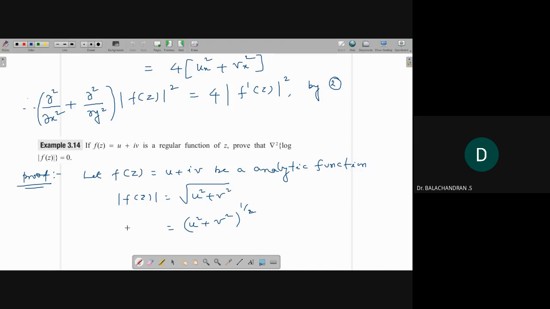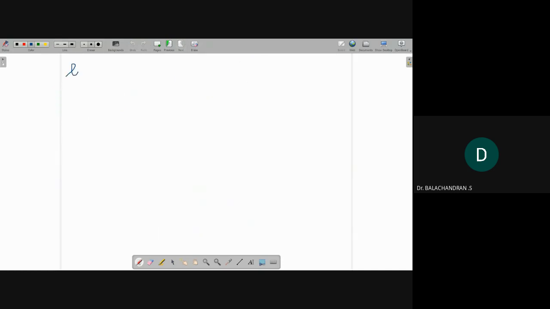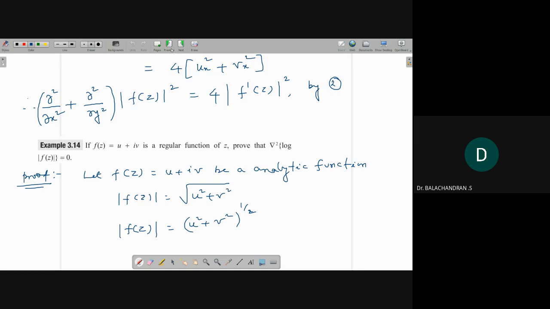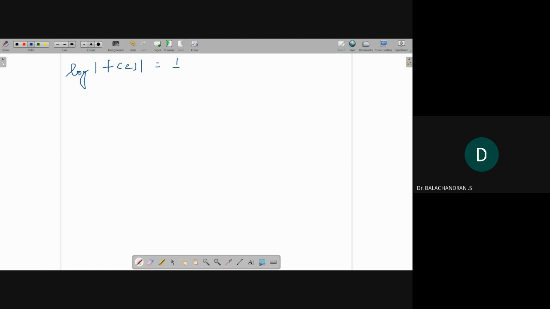Since it's mod f of z, before that take log, because here we have log. Log of mod f of z is what? Log of mod f of z equals 1 by 2 into log of u square plus v square.